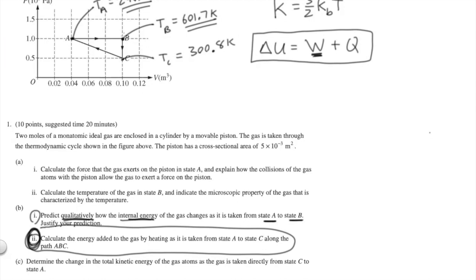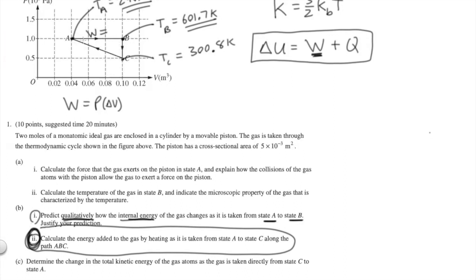From A to B, we can calculate what the work is. The way we find the work from A to B is work equals pressure times change of volume. So essentially, we're calculating the area under the line segment AB. That would be the area under that graph, which is going to be the work done from A to B.